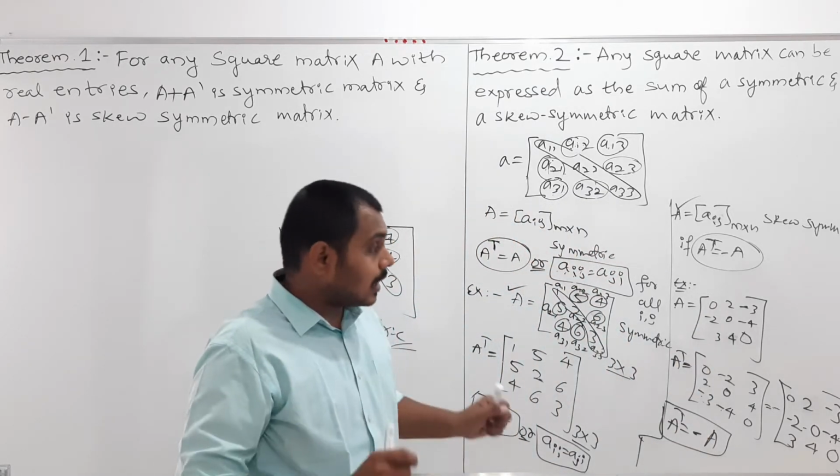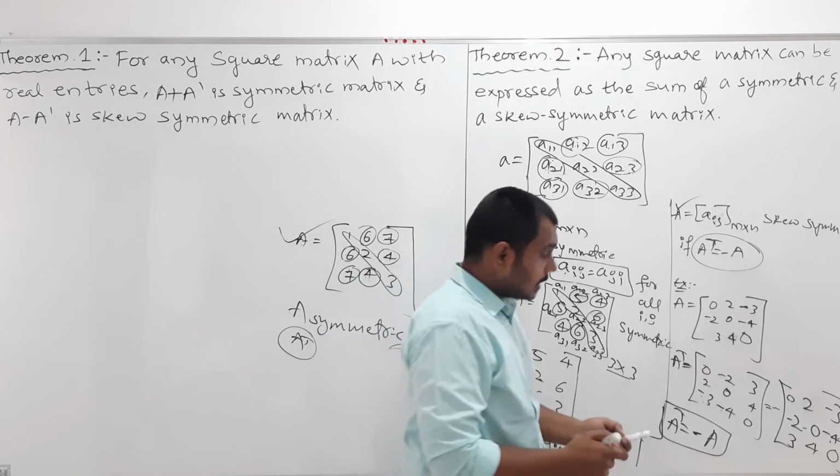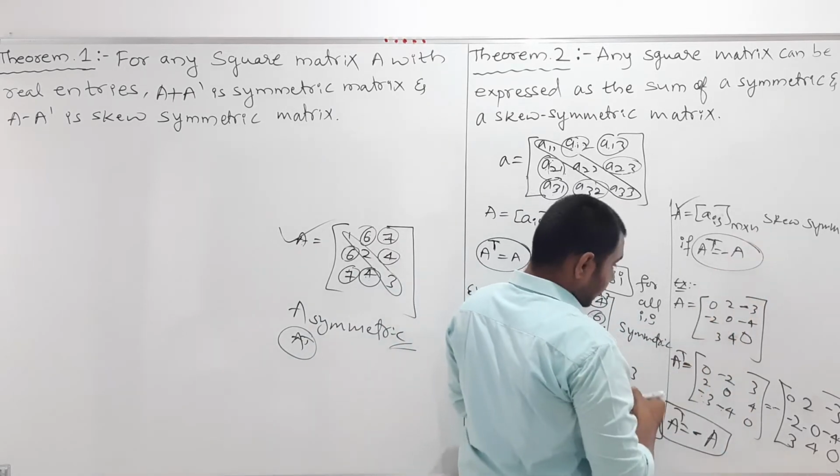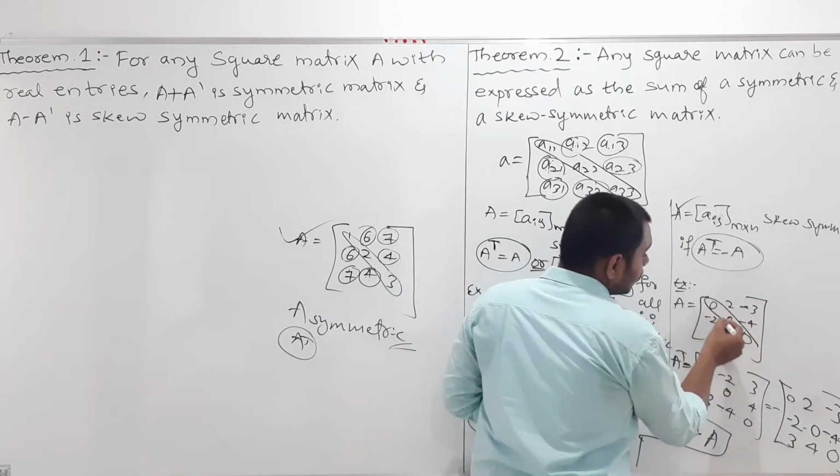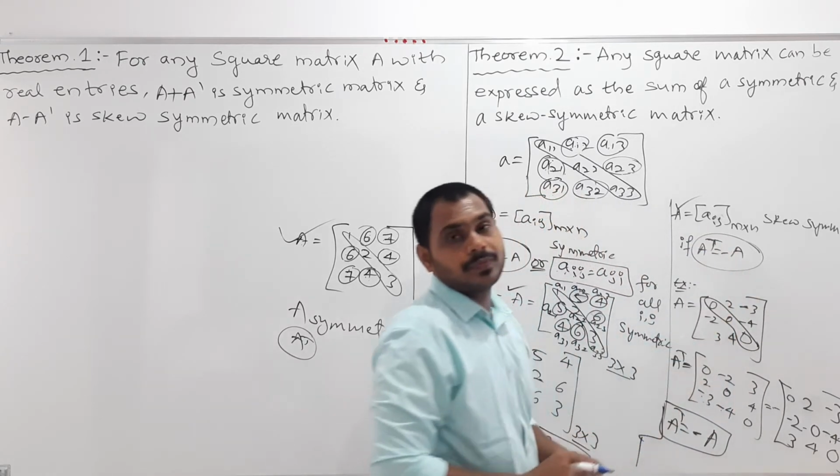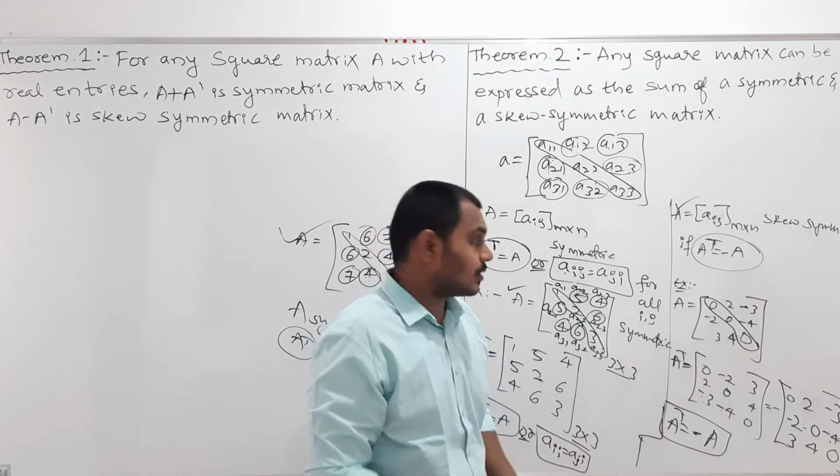Now my dear students, please remember, in a skew symmetric matrix, the diagonal elements are always 0. Clear? Always the diagonal elements are 0.